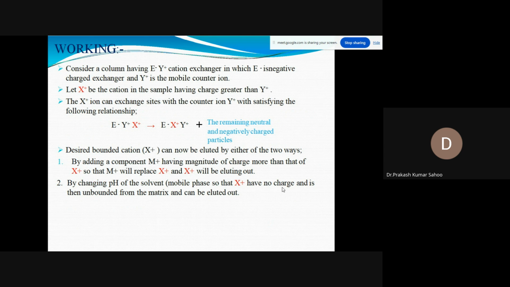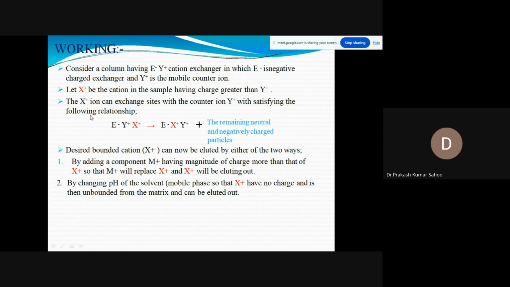Consider a column having the negative ion and positive ion, E minus and Y plus, a cation exchanger, in which E minus is a negative charge exchanger and Y plus is the mobile counter ion. So Y plus is the counter ion, and E minus is the exchanger. Then what happens? Another X plus, a cation in the sample, has charge greater than Y plus.